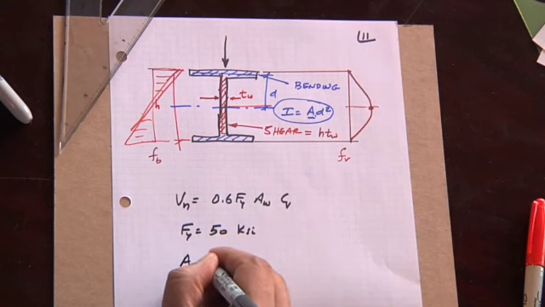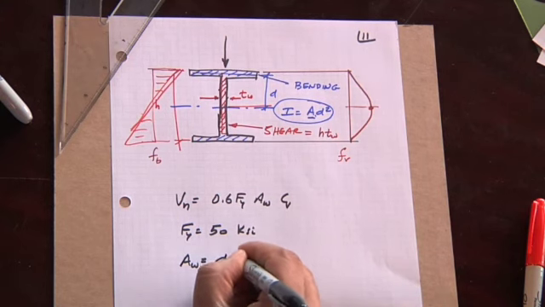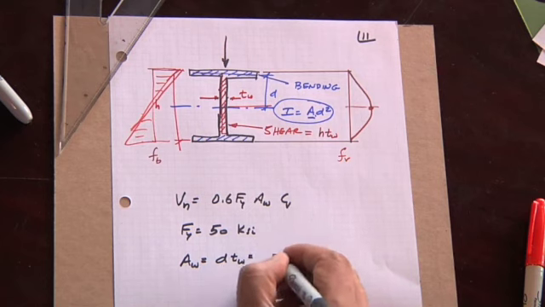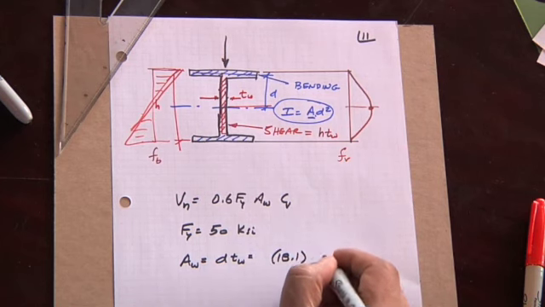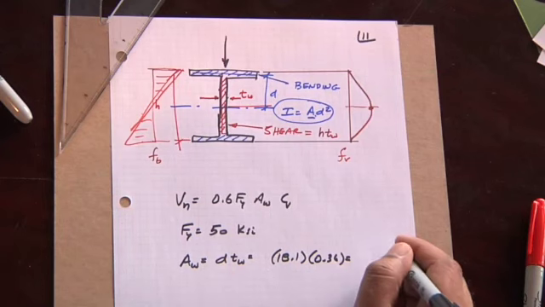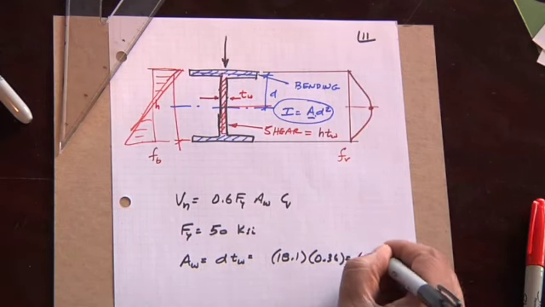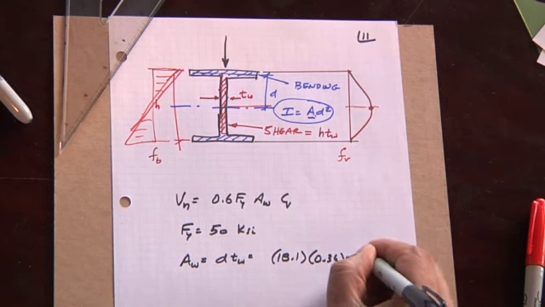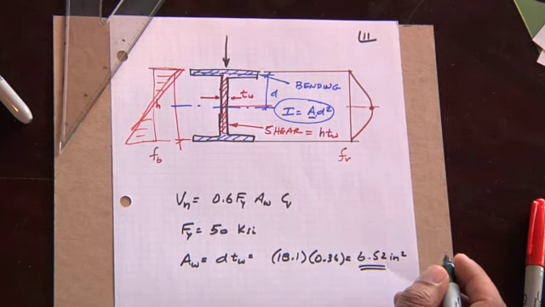Our area of the web, which is the depth times the thickness of the web, is going to be 18.1 times the thickness of the web, 0.36, which works out to 6.52 square inches. That's our area of our web.